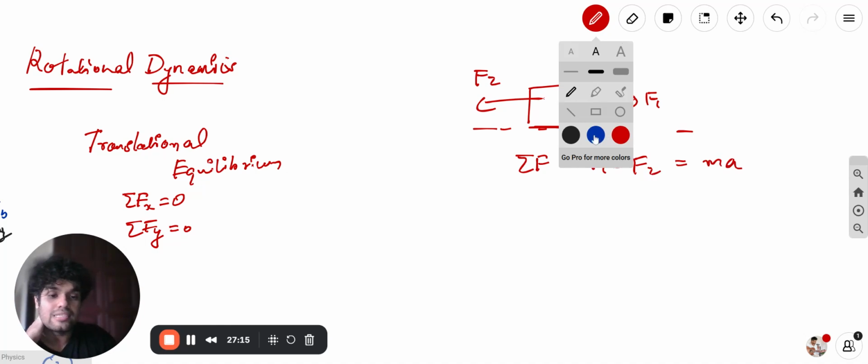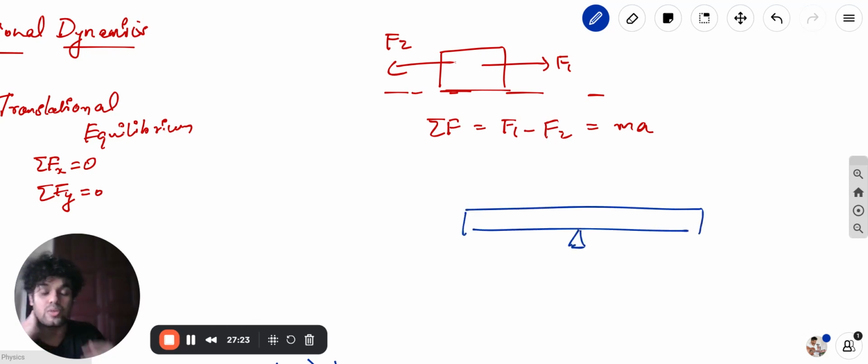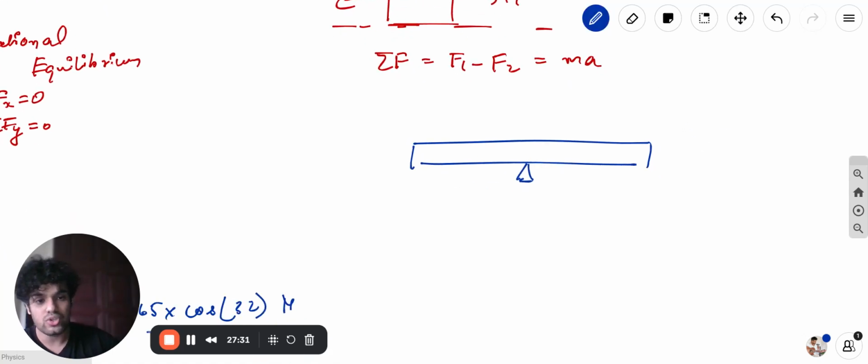But for a rotating system, it gets a little bit more complicated. In a rotating system, yes, we use the forces, but we also use the rotational analog of force, a rotational counterpart of force, which is torque. So here I keep two boxes.